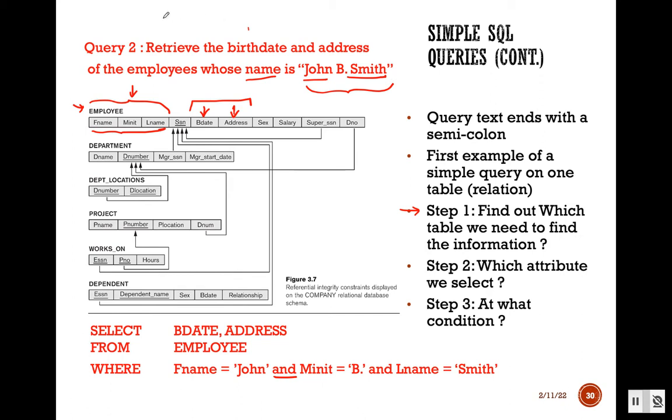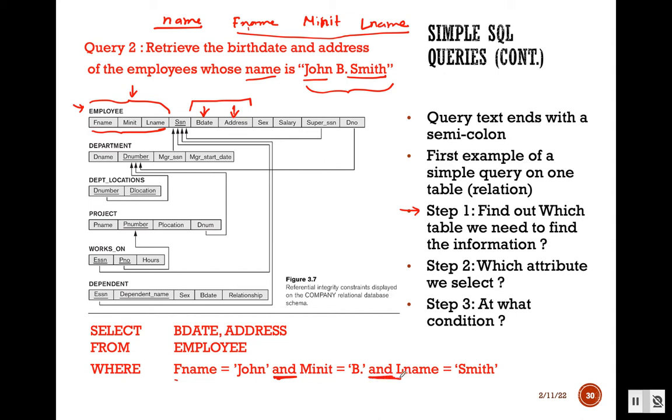We do not have a single attribute for name; we have three attributes, F name, M init and L name. So we have to use all of them to find out whether his name is John B. Smith. The condition will look like F name equals John and M init equals B and L name equals Smith. Here we are using the AND operation.